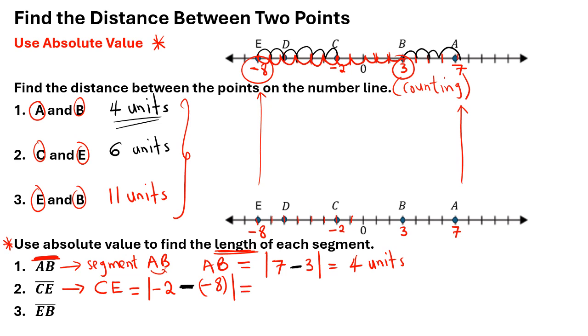So we will simplify these integers. It will be -2, and since we have a minus sign and a negative sign, that becomes +8. So -2 plus 8 will give +6. And the absolute value of 6 is 6, and that gives us 6 units.